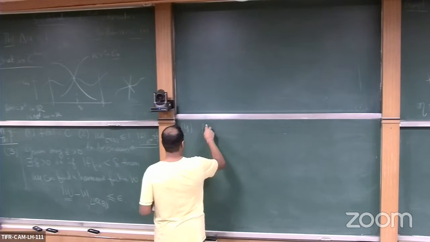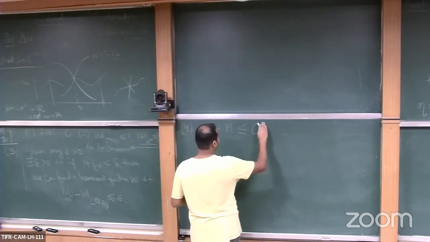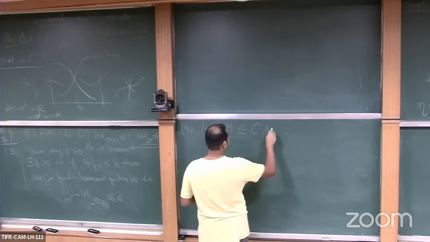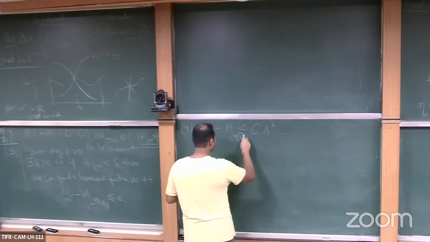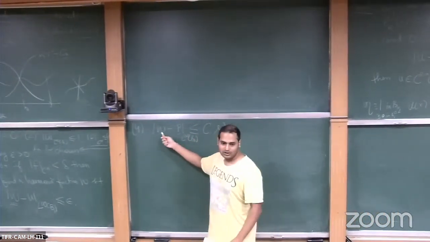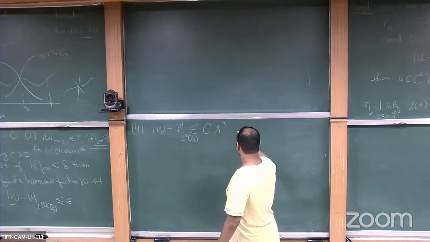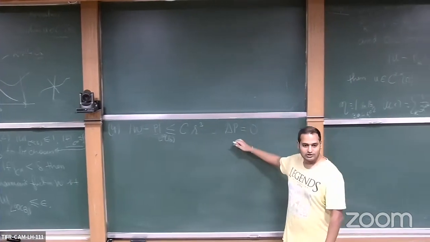And I'm going to write that w minus P is up to some dimensional constant times r cubed, in L infinity. Is this clear why? This is the second order approximation to w. Okay. And Laplace of P is 0, right? Is this also clear?